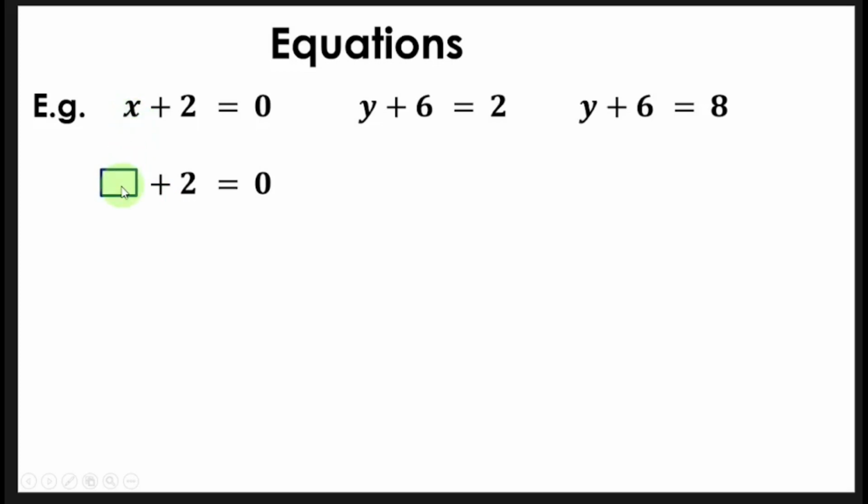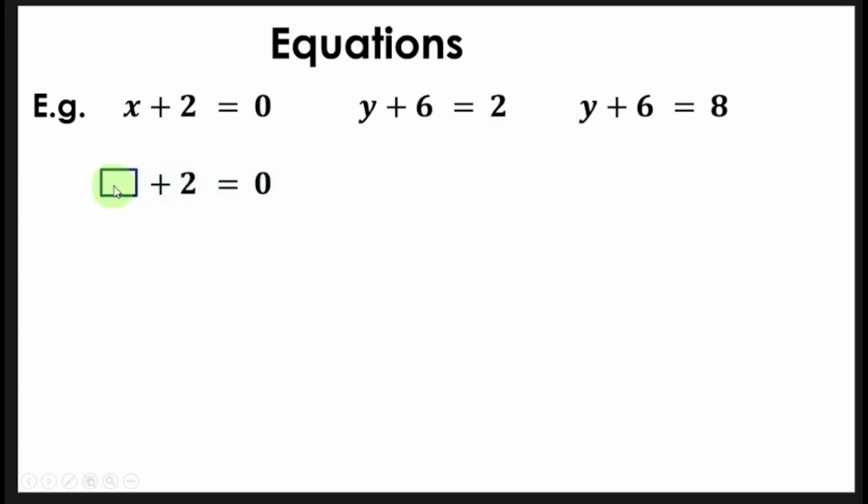So we ask ourselves, if an equation means what is on the left side of the equal sign is equal to what is on the right side, then for this expression to give us 0, 2 must subtract 2 for us to get 0.